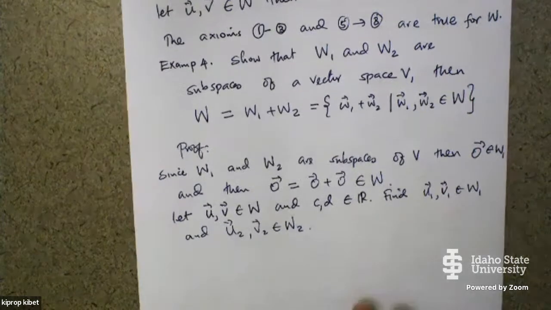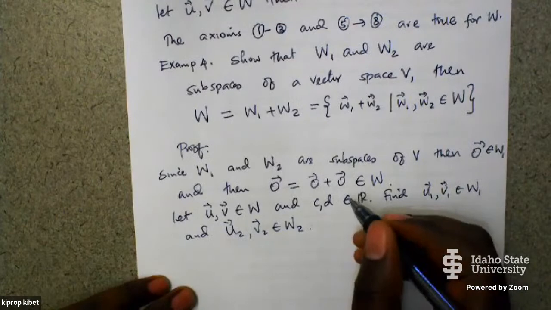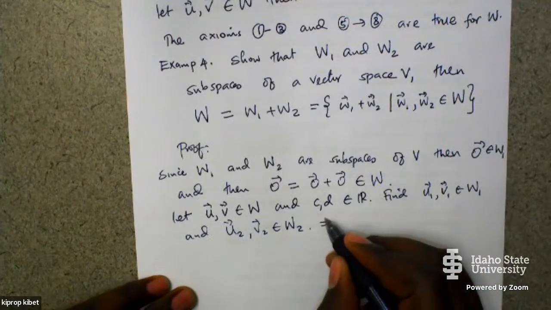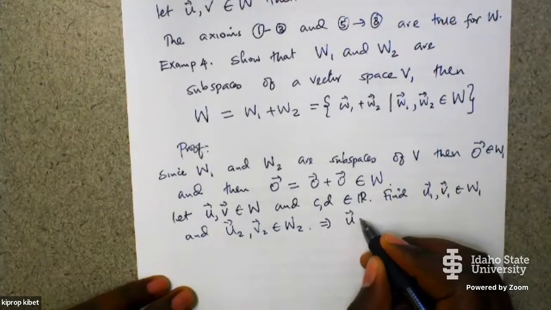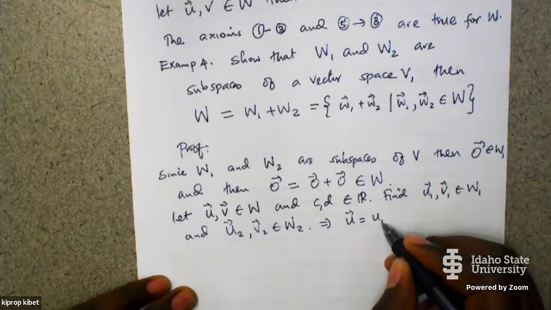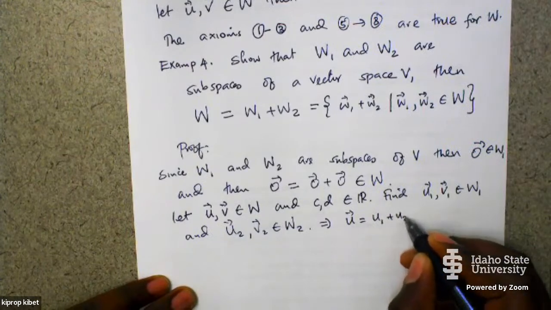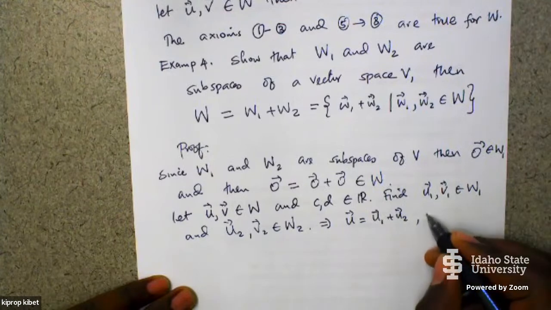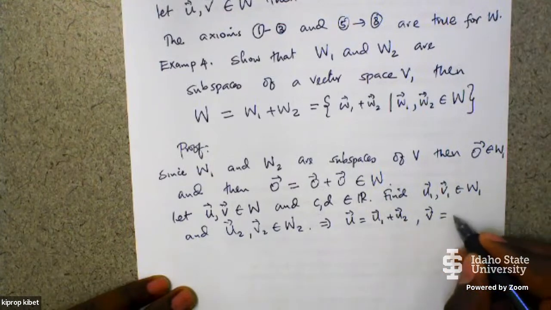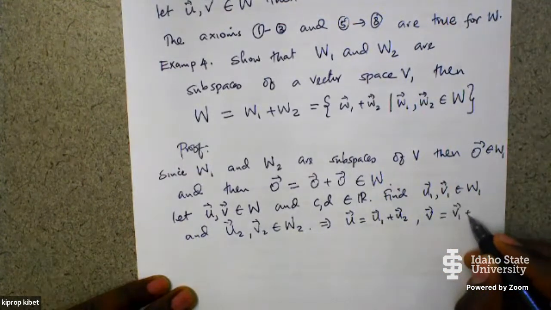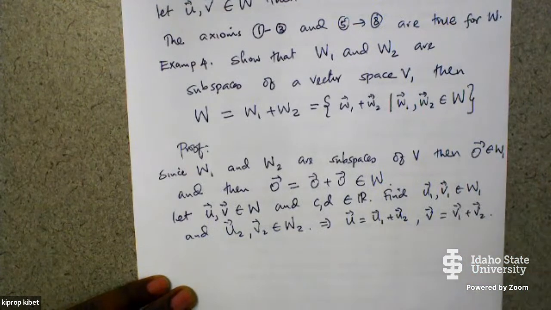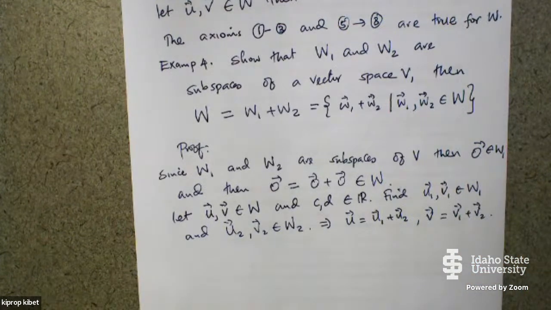Then u equals u1 plus u2, and v equals v1 plus v2.